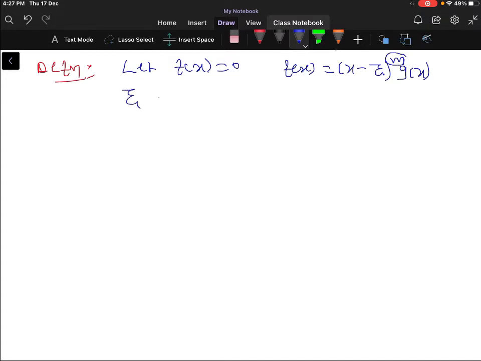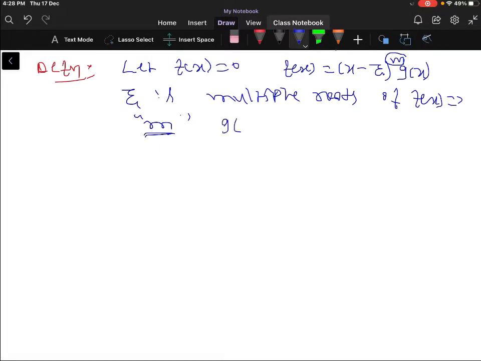Then the number xi is called a multiple root of f of x equal to 0 of the multiplicity m, supposing g of xi is not equal to 0.